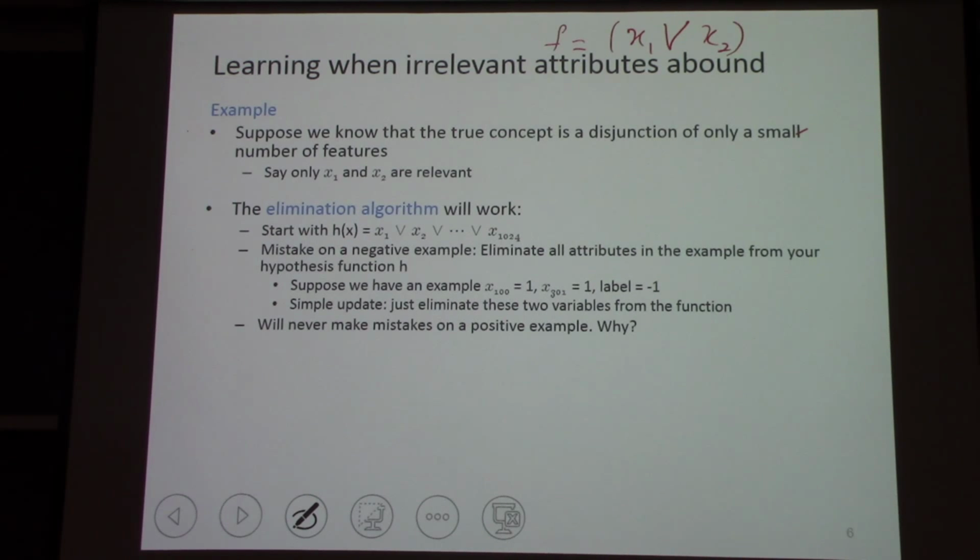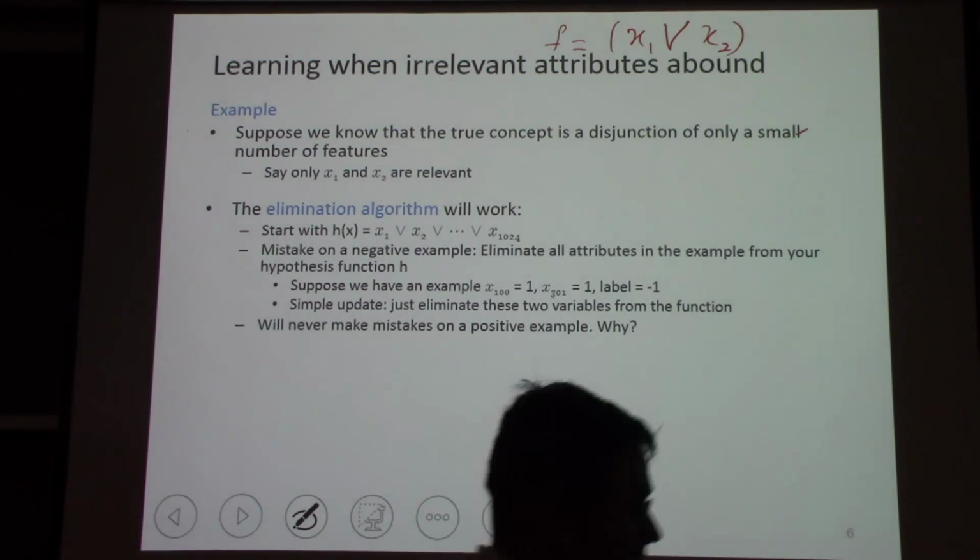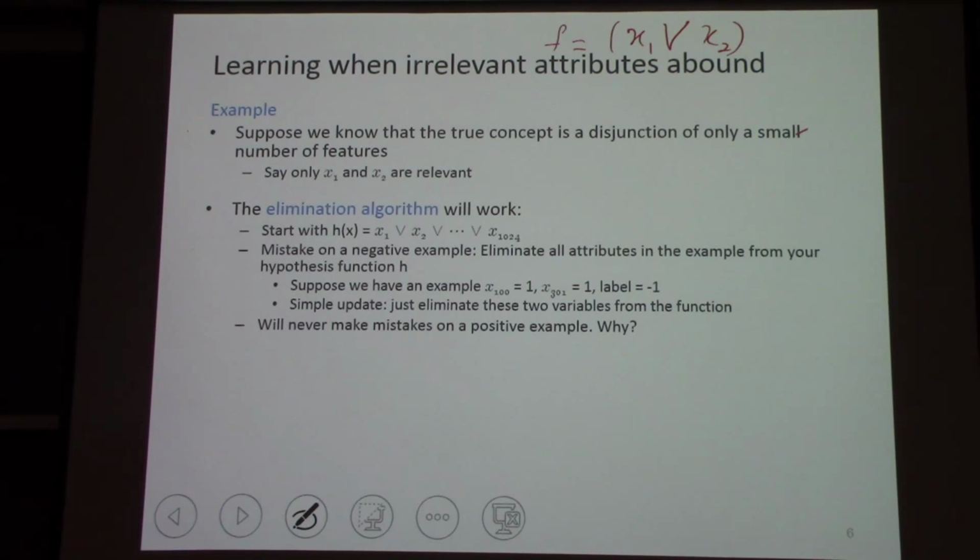Here's the learning algorithm: the label is negative, which means neither x100 nor x300 are in the function. So you just drop them. So now you started off with 1024 elements in your disjunction, you have 2 less. So you keep eliminating till you only have the 2 variables that are in the function.